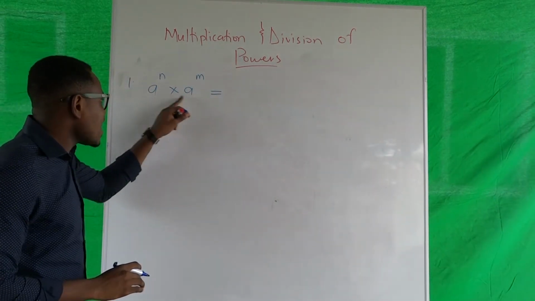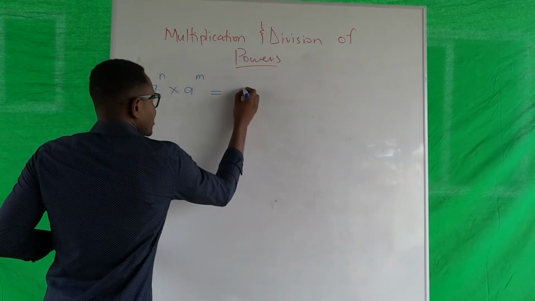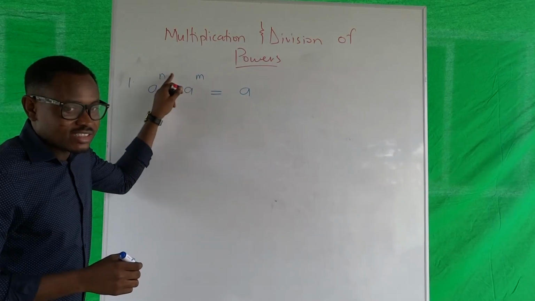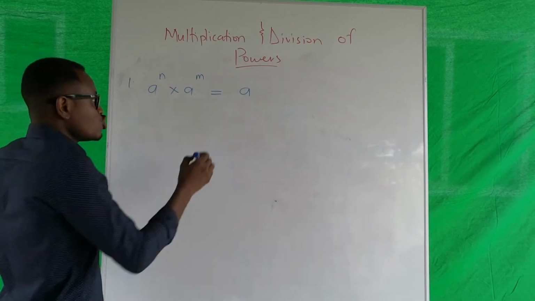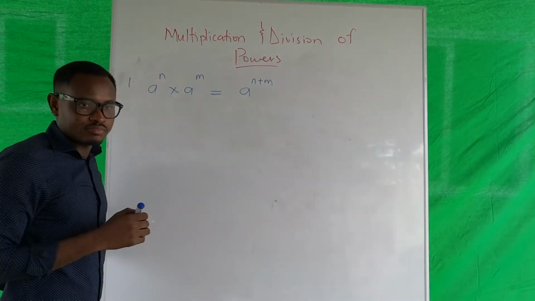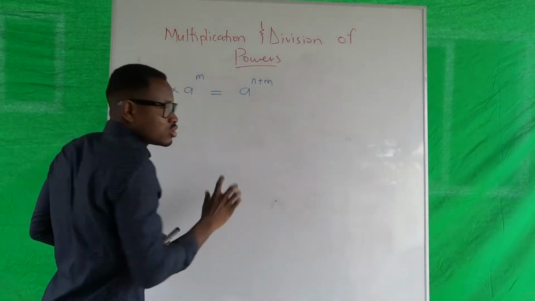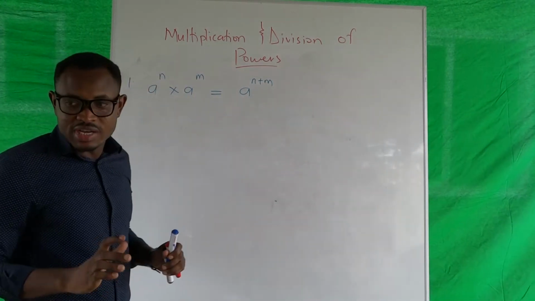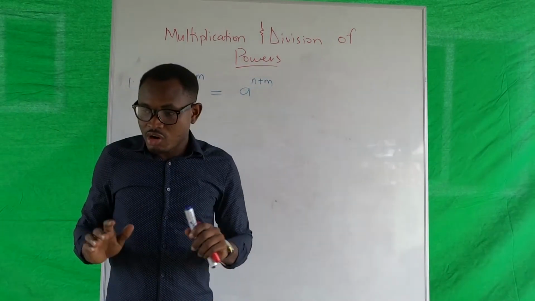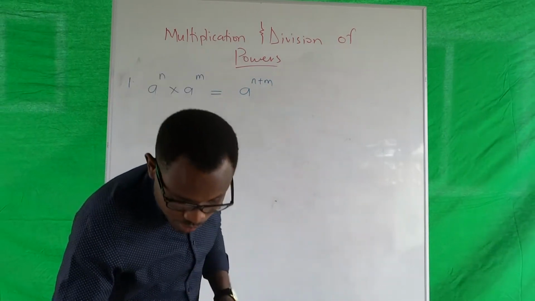The bases are the same, so you pick one of the bases, then you add the exponents. So you have a to the power n plus m. Is that understood? This is rule number one when it comes to multiplication and division of powers.